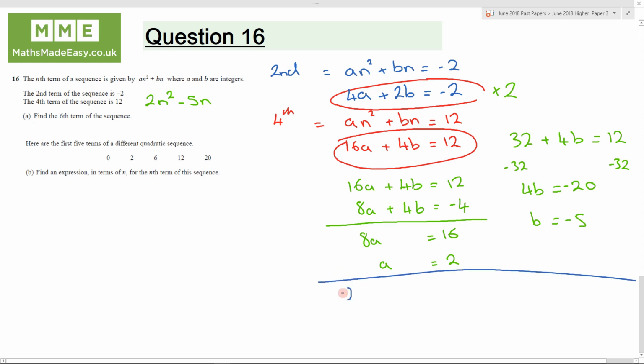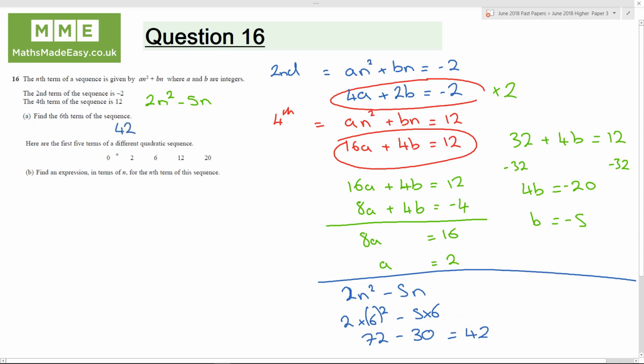So we have 2n squared minus 5n, putting 6 into these, so it would be 2 times 6 squared minus 5 times 6. 6 squared is 36, times 2 is 72, minus 30 gives us an answer of 42. So this will be 42.